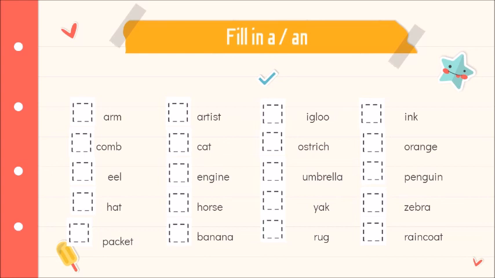We have umbrella again, so an umbrella. A penguin. A yak. Zebra, so a zebra. A rug. And a raincoat. Great! I'm sure you people have understood where to put a and where to put an.